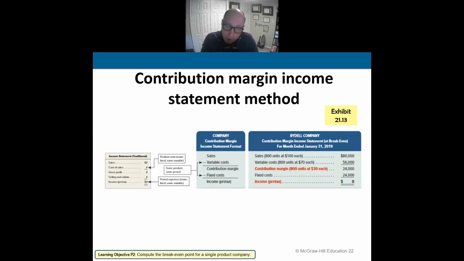My fixed costs are 24,000. 24,000 minus 24,000 is 0. So when you hit the point of 0 for your net income, you've broken even. So this is the second method to be able to tell when you've reached the point of break even. It's a good method. Don't get me wrong, I like it. I prefer the formula method.